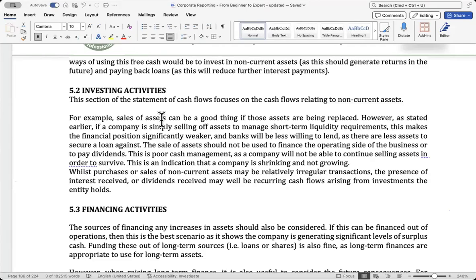And a lot of other items that you can see, like whether they have dividend received or interest received. That will show whether this company has sufficient passive income or recurring cash flows arising from the investment they hold. Investing activities will run you down all of these things.